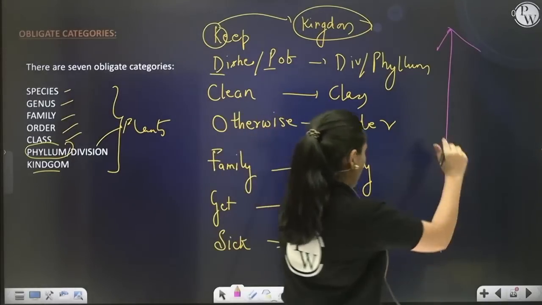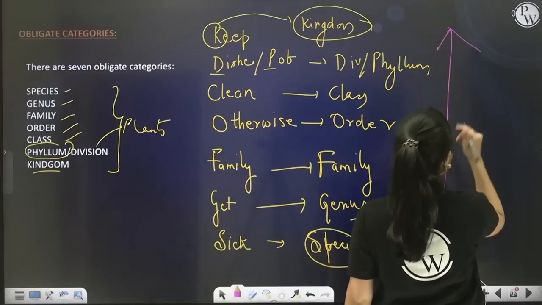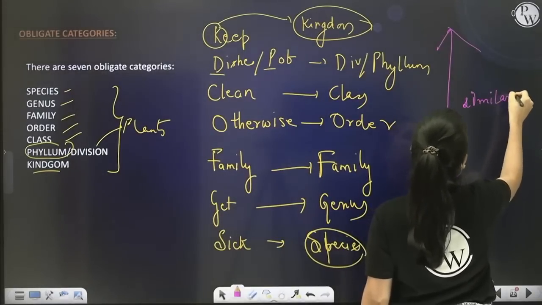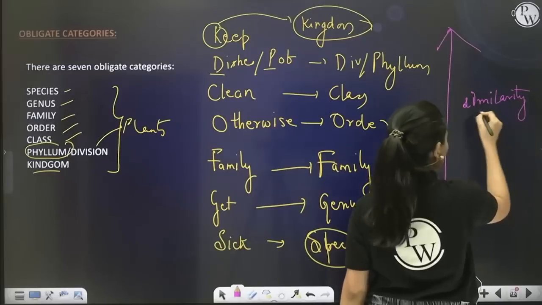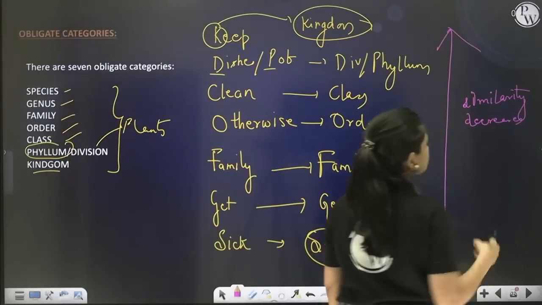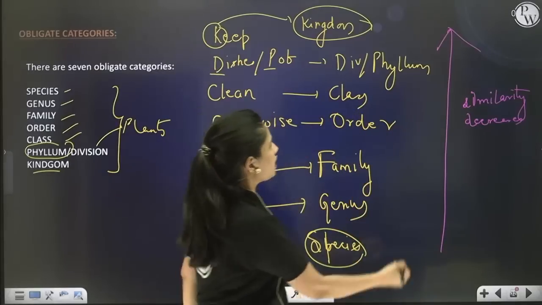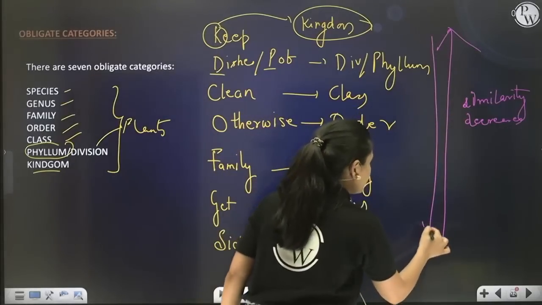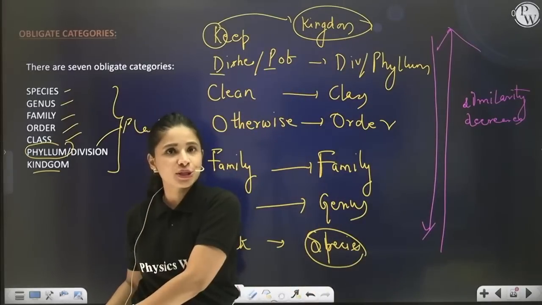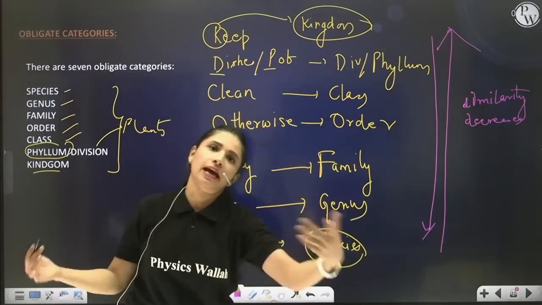See, now as you go up in the series, similarity among the organisms decreases. You can also write vice versa. What will be vice versa? That is, as you go down from kingdom to species, what increases? Similarity increases.